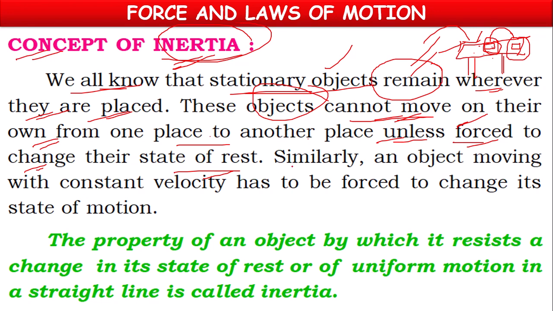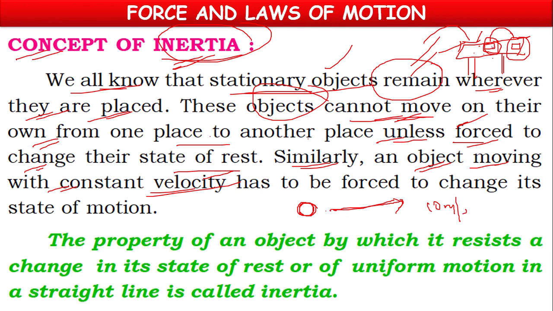Or similarly, an object moving with constant velocity. Suppose one object, one ball, is moving with the constant velocity of 10 meter per second. So how long will it move?